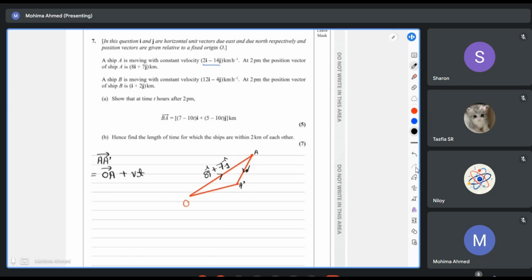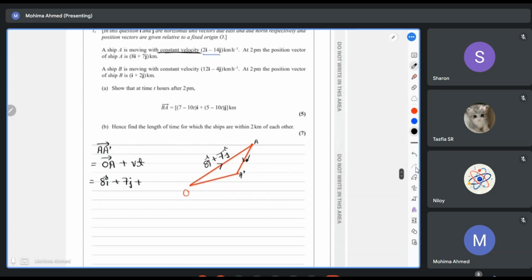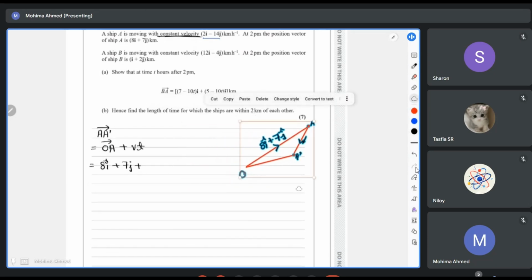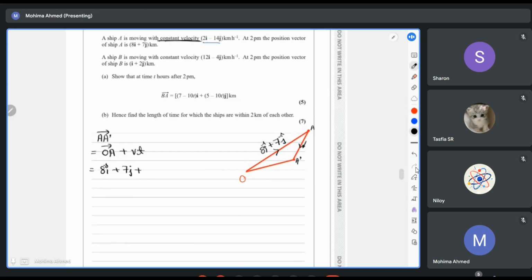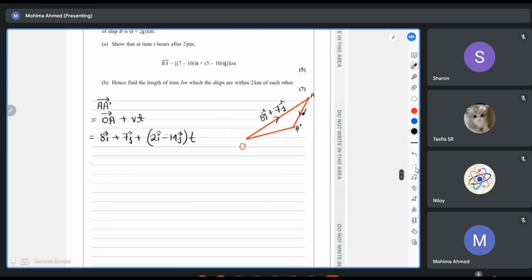And time was t seconds, right? It was stated over here that it was moving with constant velocity. So you have 8i plus 7j plus (2i minus 14j) multiplied with time, because time was not given, time was just t for it. Now obviously I have to simplify it.